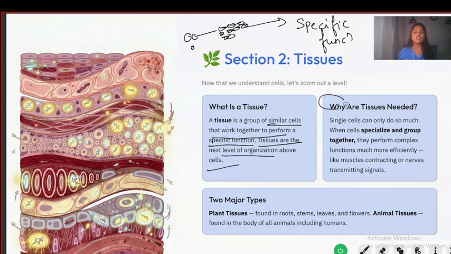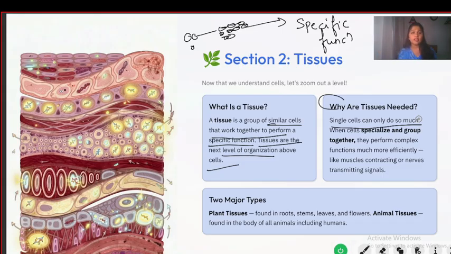Now why do we need tissues? Why are tissues important? Tissues are important because a single cell cannot do all the work of an organism. Unicellular is different, one cell can do it, but in a multicellular organism like a human or plant, one single cell cannot maintain all the functions or all the processes.